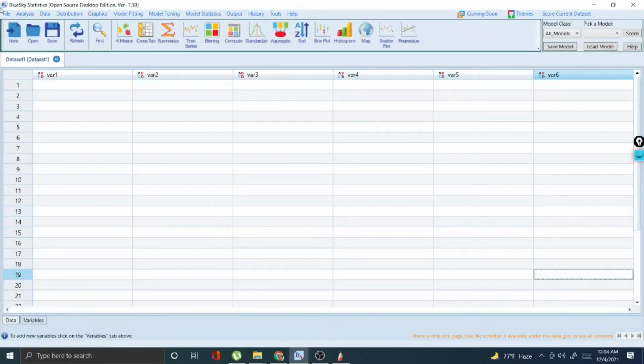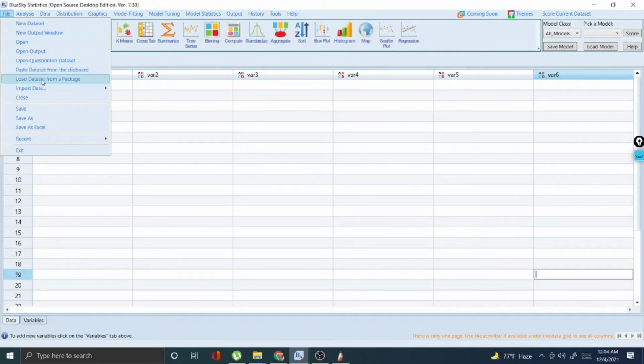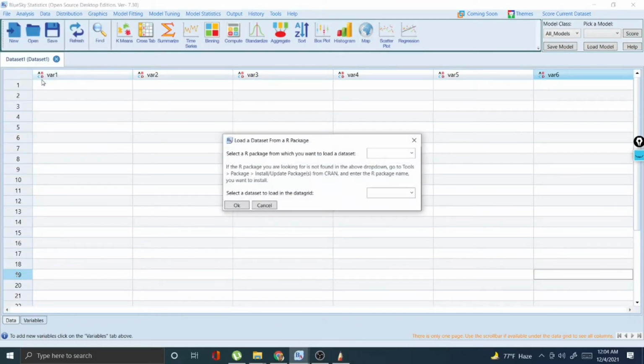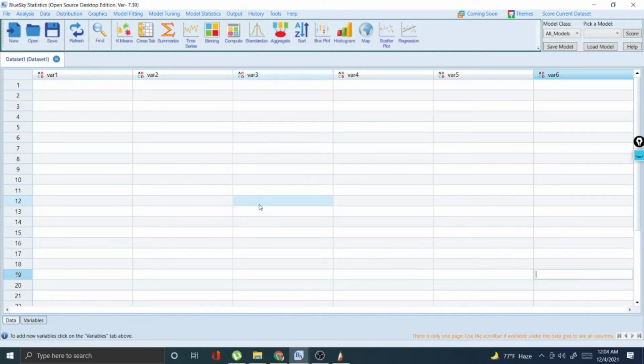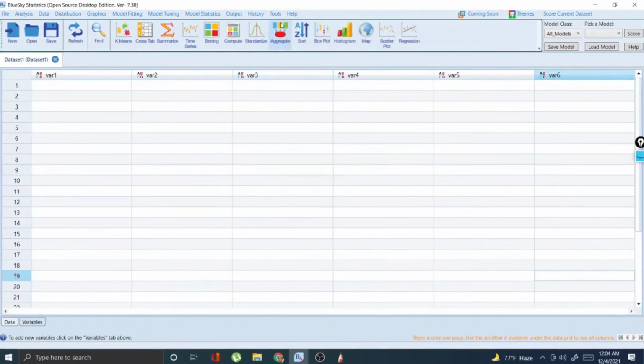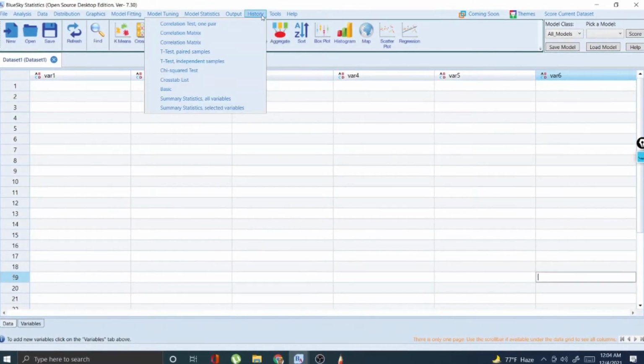To begin with, for this t-test we go to File, Load dataset from a package. It's a very good option in BlueSky Statistics where you can load any package you want. One thing I strongly like is that even if the package is not available built in, you can import it using the Tools option.